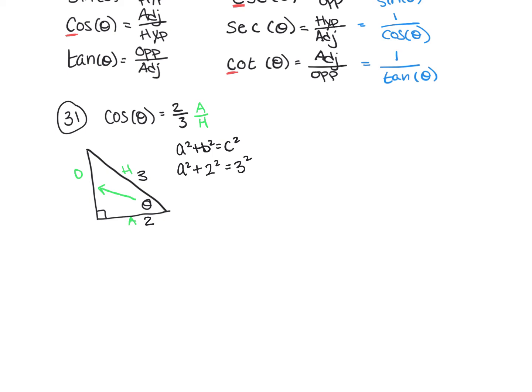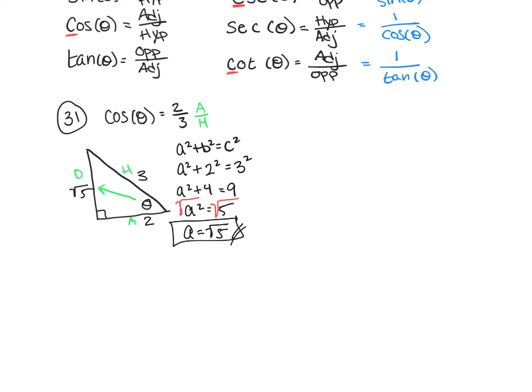Once we start solving, we have a squared plus 4 is equal to 9. I'm going to subtract 4 on both sides and get a squared is equal to 5. Now to get a by itself, I take the square root of both sides, and I get a is equal to the square root of 5. Leave this as your answer. Don't give me the decimal, give it to me in the square root. So we have our last piece.